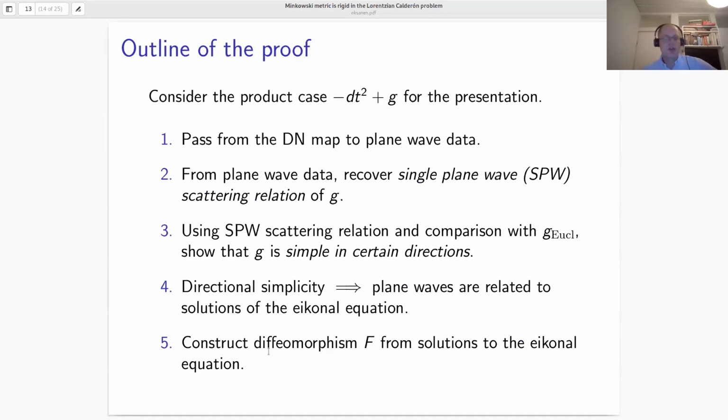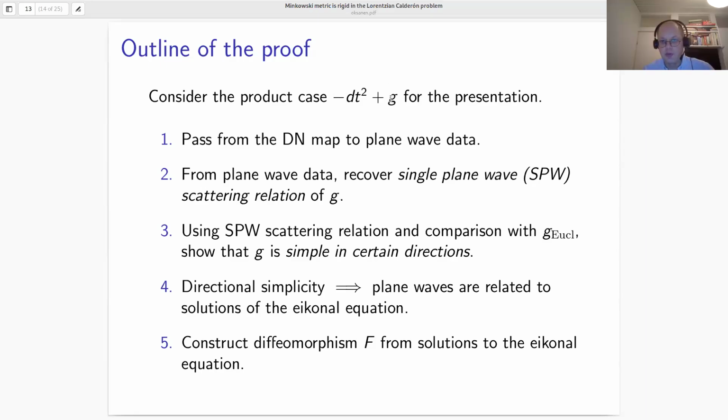Right. But what I want to focus on today, so I was running quite fast with this introduction and context because I want to have time to say something about the proof, and this is what I really promised to Katja. So I'm going to tell something about the proof, but only in the case when the metric is of this product form.